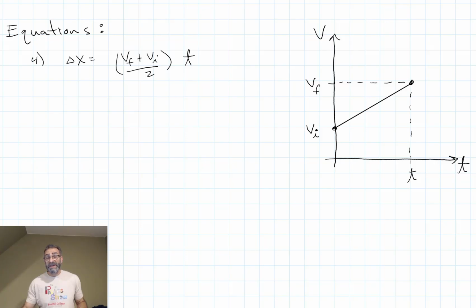Let's jump to equation 4. We know that the displacement, delta x, is the area under this curve. And we're going to treat this as a trapezoid. The shape of this is a trapezoid. And so the area of our trapezoid is the base times the average height.